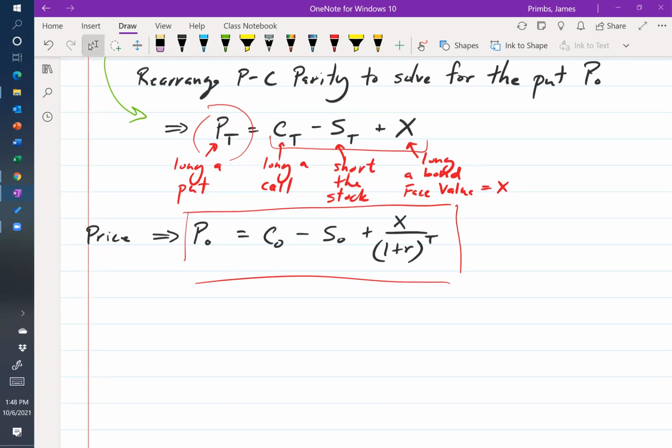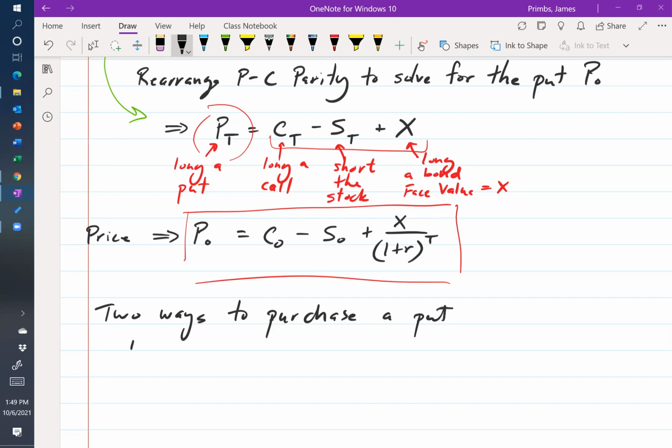All right, so why did I walk you through this? Why did I rearrange this and stuff? Because what put call parity is telling us is there are two ways to buy a put. Let's write this down. Two ways to purchase a put.